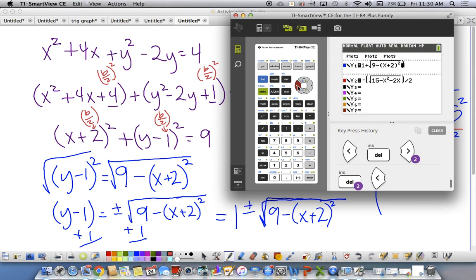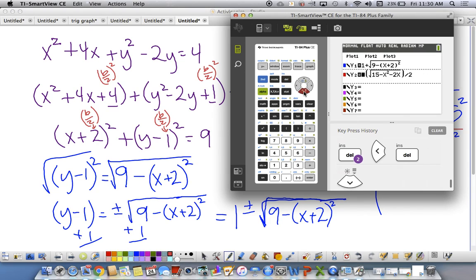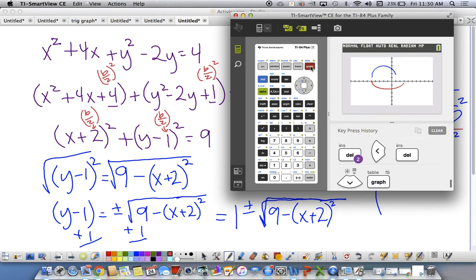I don't need that parenthesis either. There's the top half. I could put in the bottom half, but I'm not going to. I'm just going to hit graph.